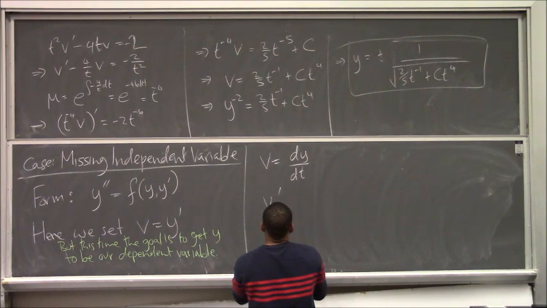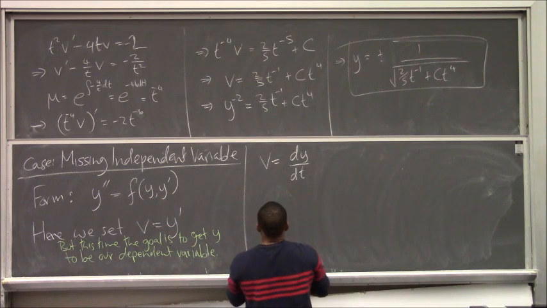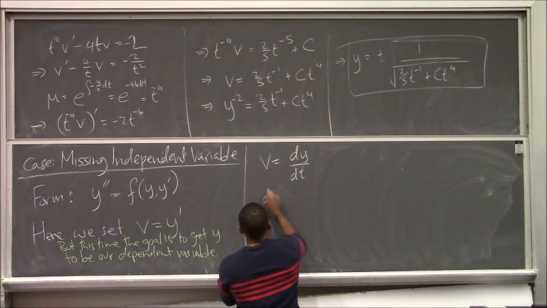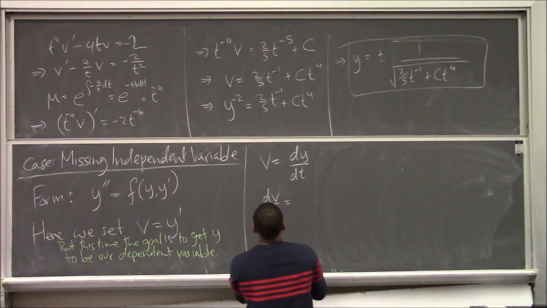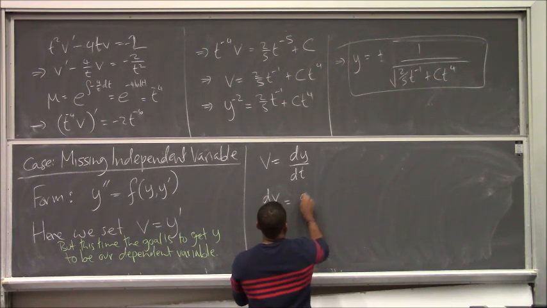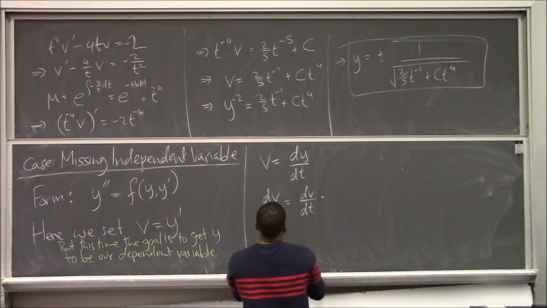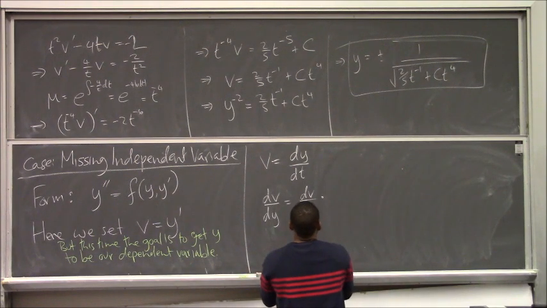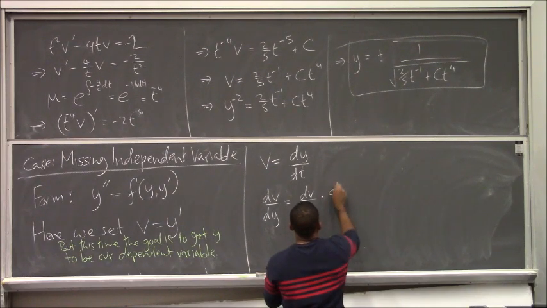Come again? I want y to be the dependent variable, so I'm actually going to look for dv dy. Now dv dy is going to be what? Well, we can let that look like dv dt times dt dy.